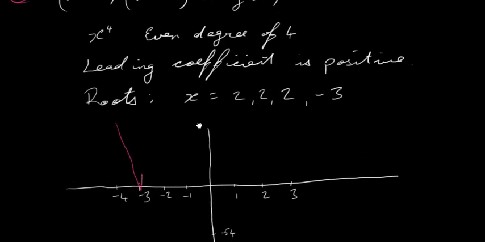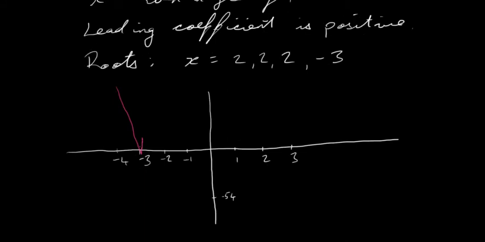Let me just adjust that again. I just need to rub that bit out. We're going down through -3, we're going to come up along here, and we're going to start flattening out across the 2, and then go up along here. We could even flatten that out a bit more across the 2.